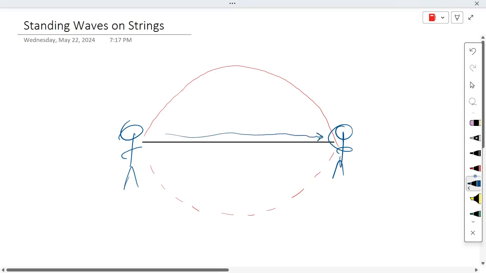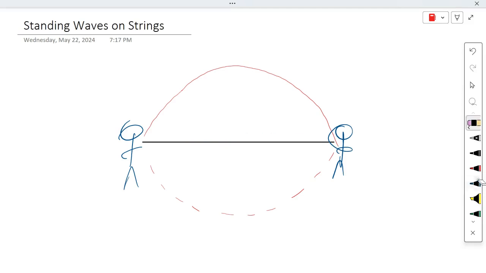If cousin Jane just sits there, that wave reflects back this way, and it might undergo a phase shift and turn from a peak to a trough, and comes back and interferes.